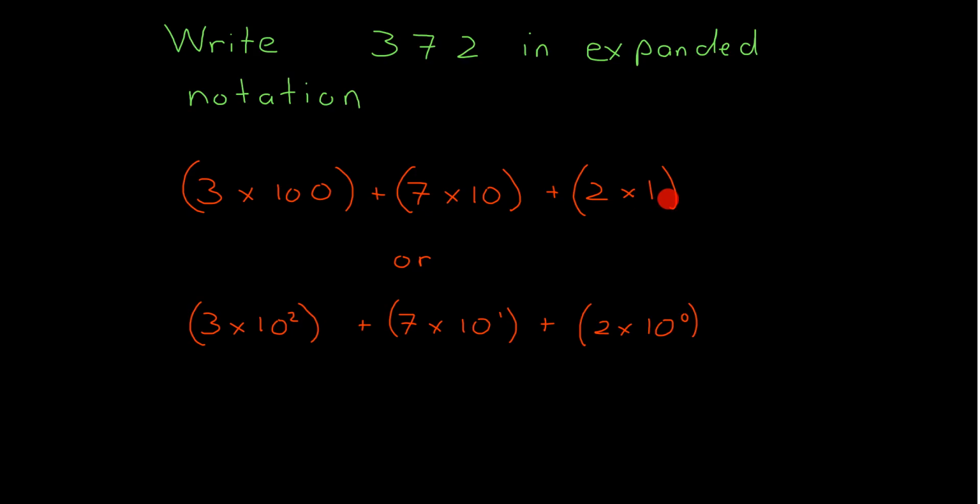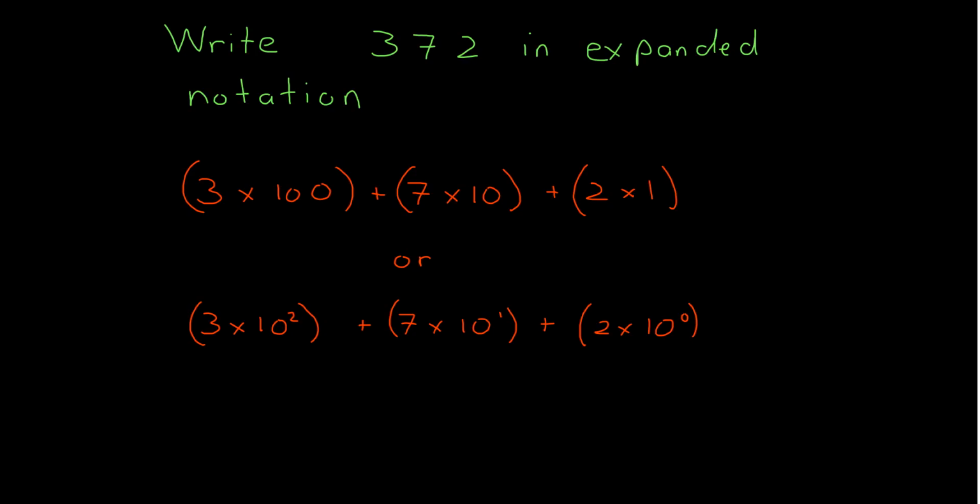Or if you prefer to use index laws, 3 times 10 squared plus 7 times 10 to the power of 1, which is just 10, plus 2 times 10 to the power of 0. And of course you know that 10 to the power of 0 is 1.